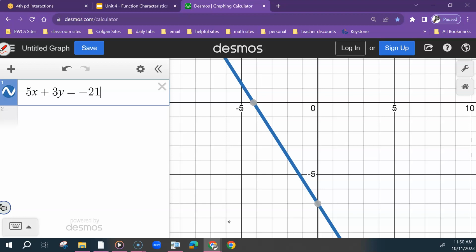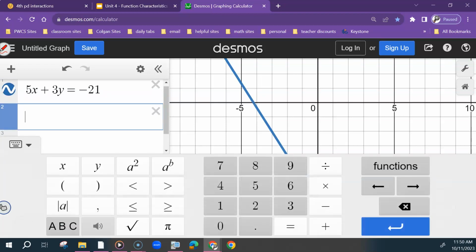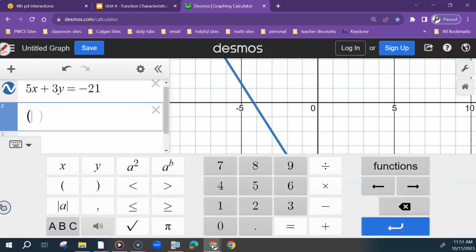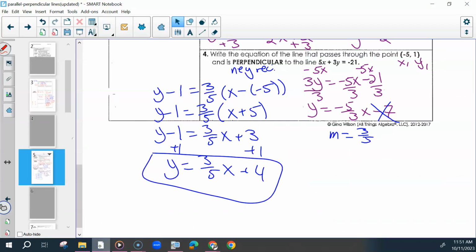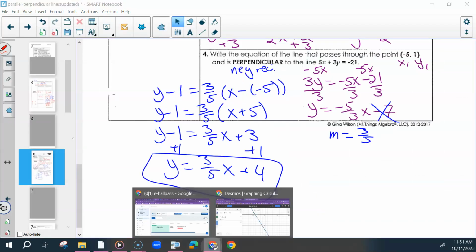I'm going to put in the point that it said it goes through. I'm going to write the equation that we came up with. Y equals 3/5 x plus 4.